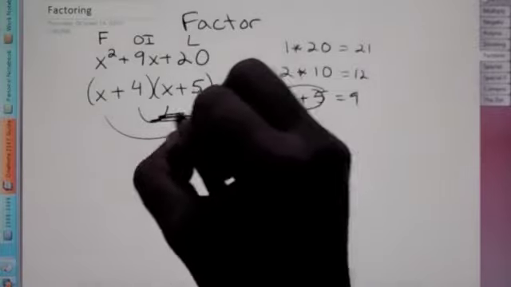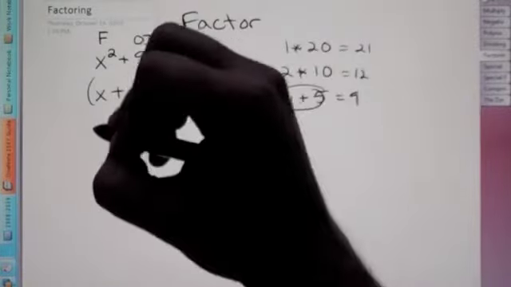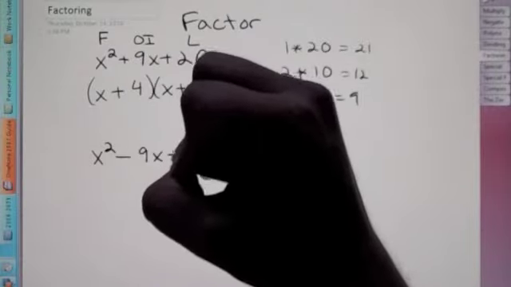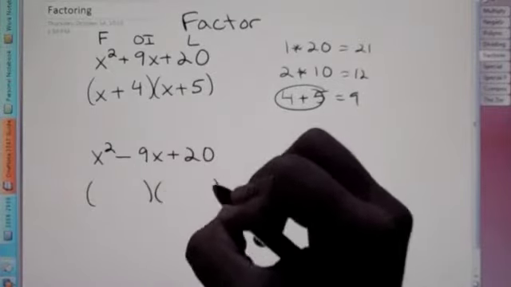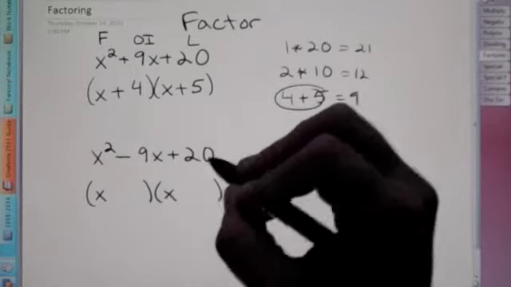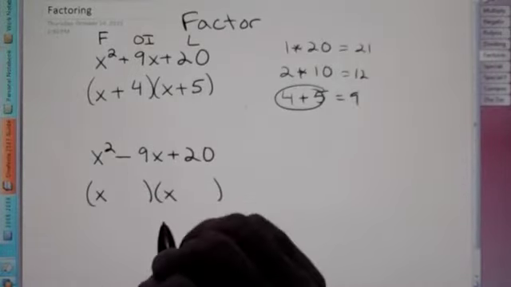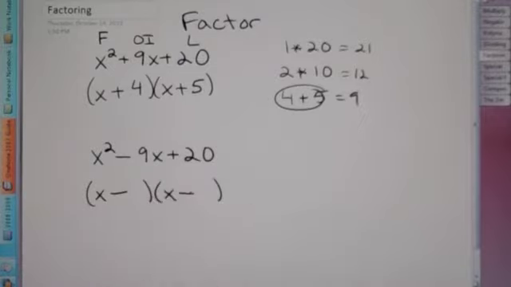Alright? So let's try another problem. Let me do pretty much the same thing, just switch the symbol up a little bit. x squared minus 9x plus 20. Again, I notice there's a plus here. If there's ever a plus, it's the same symbol, either plus plus or minus minus. Since I know it's going to be the same symbol, I look here, I see a minus, therefore I know it's going to be two negatives.